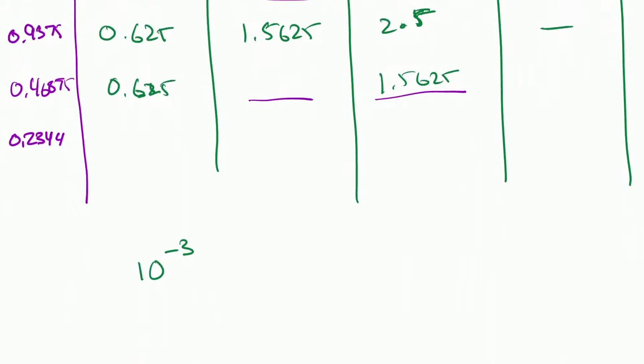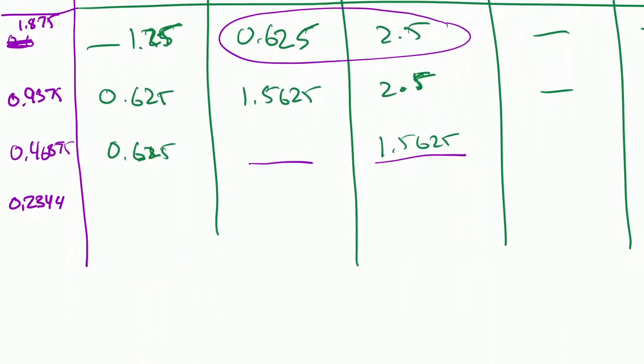So here, let's get rid of this. Here's how I might do this. The error is equal to 1.875 times 1/2 to the nth power. It kind of makes sense that you started with an error of 1.875.